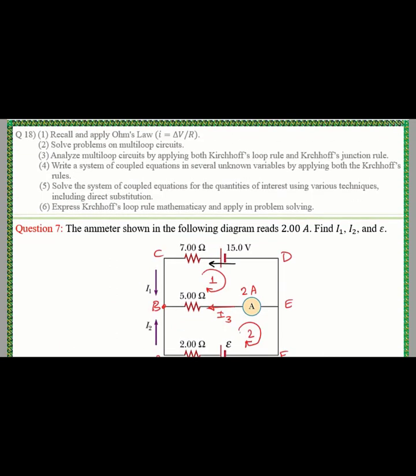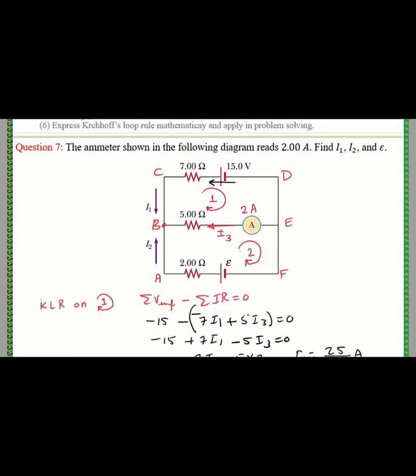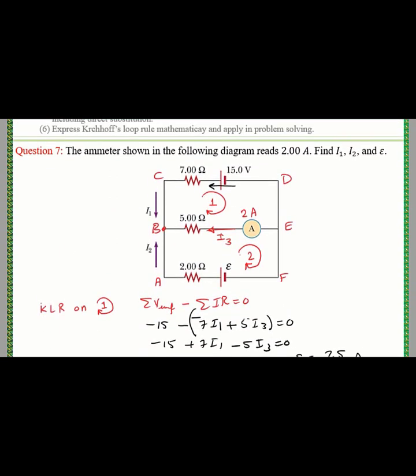Now, is there another answer for this question? Yes, for sure. Because we assume that the current through the ammeter is flowing to the left. What about if it is flowing to the right?